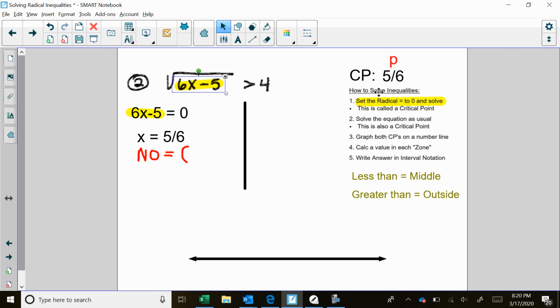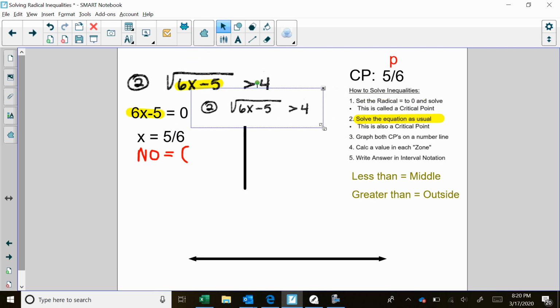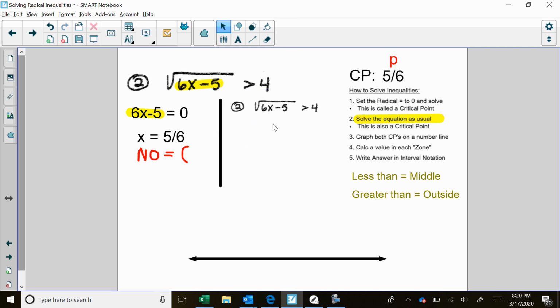Second step, solve the equation as usual, like you normally would, as if this was Tuesday and you were just solving an equation. We square both sides. That's how you get rid of a square root.